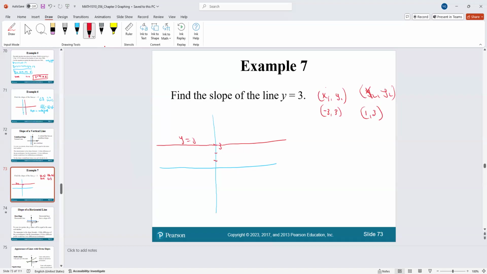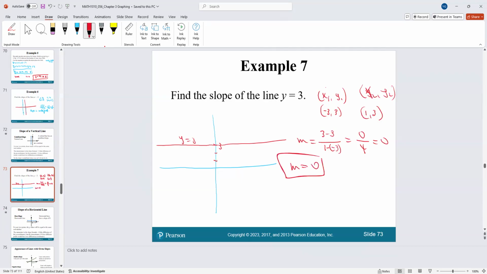So what we can do for the slope is 3 minus 3, over 1 minus -3. That would be 0 over 4. You see, it's 0. So for any two points, the slope of the line y equals 3 is 0.